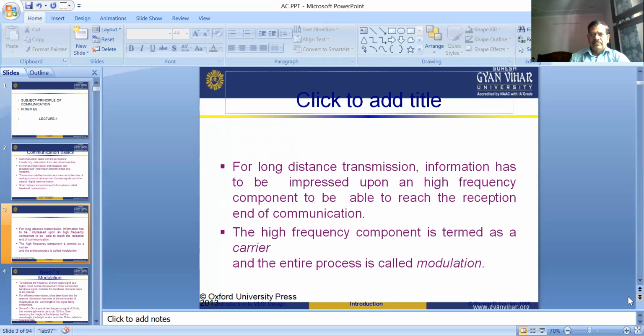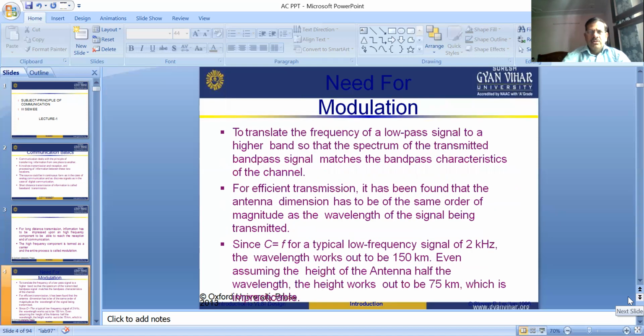So what is modulation? In a communication system, the modulation process has an important role. In modulation, we translate the frequency of a low pass signal.